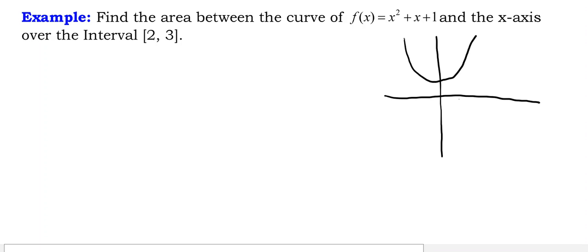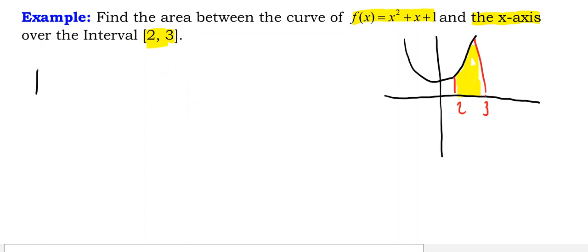It's a parabola, and we want to bound that parabola at 2 and 3. So here's 2, and let's say here's 3. So the area that we're looking for is this, okay? It's bounded by the function on the top, the x-axis on the bottom, and 2 and 3.